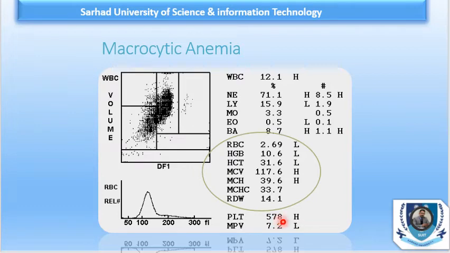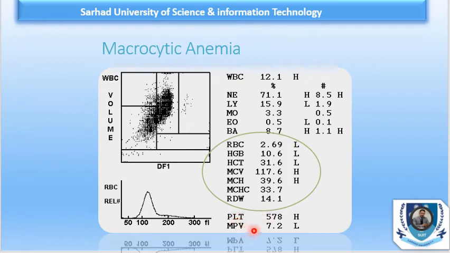So in megaloblastic anemia we get some high platelet count, that is 578. The normal range is 150,000 to 450,000, and here you can see that the value for platelet is high. So this is a case where we have macrocytic anemia along with infection and high platelet count.